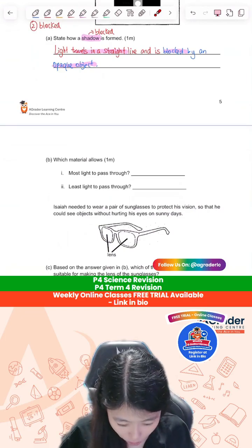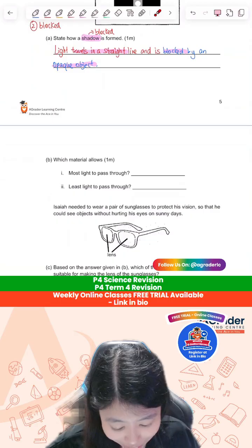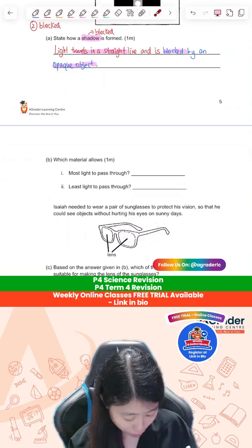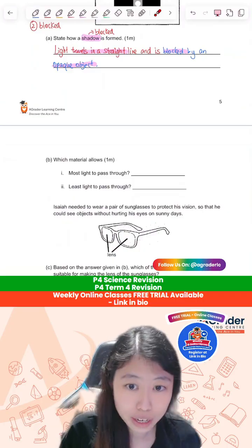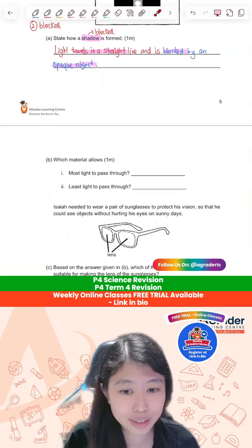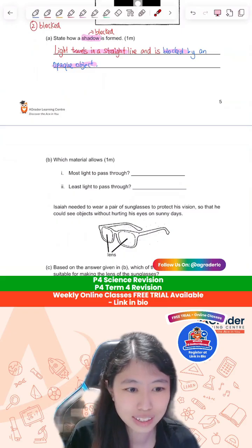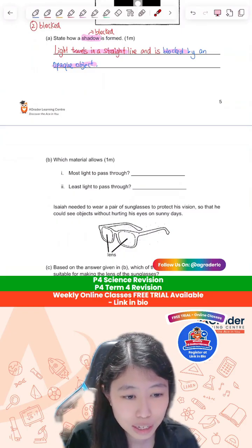Okay, so for the next one over here, which materials allow most light to pass through? Okay, this one is very straightforward. If they allow most light to pass through, right, it means what? Would it have a shadow at all? Can you answer me?